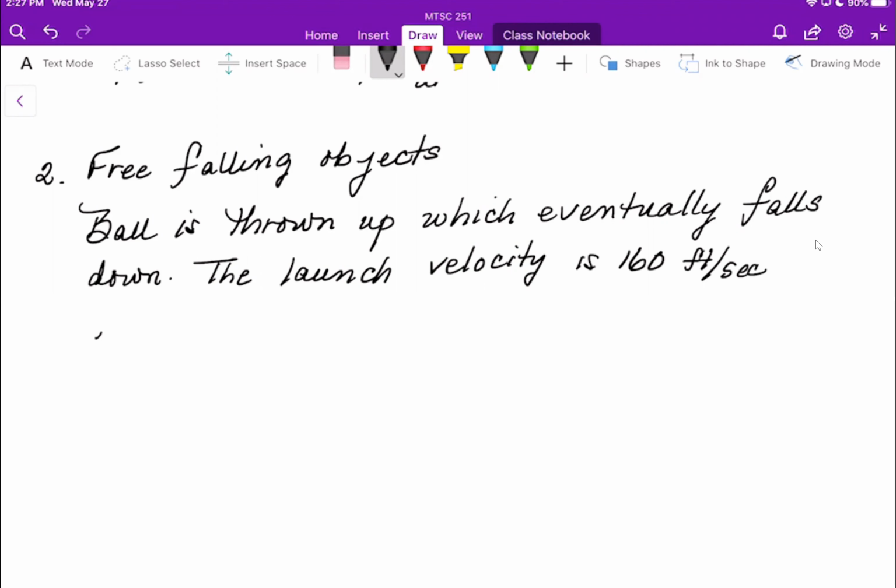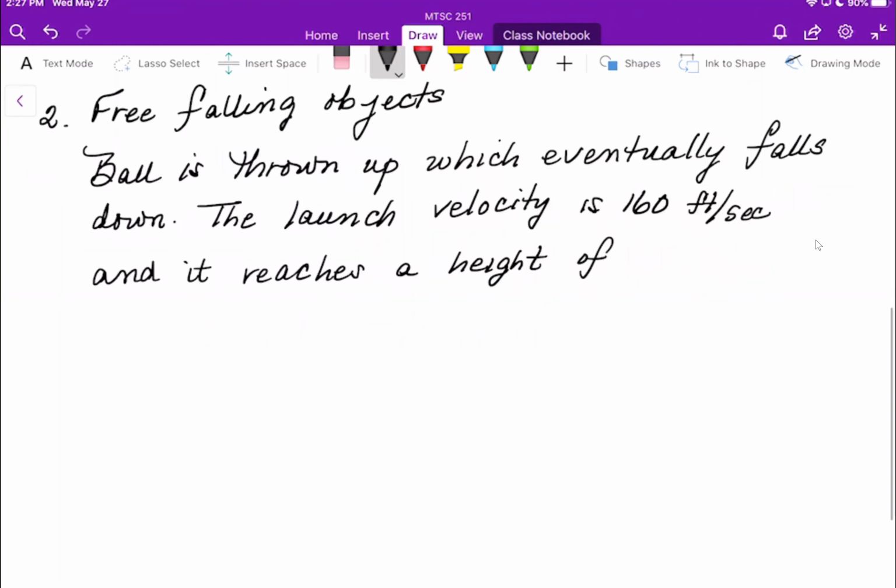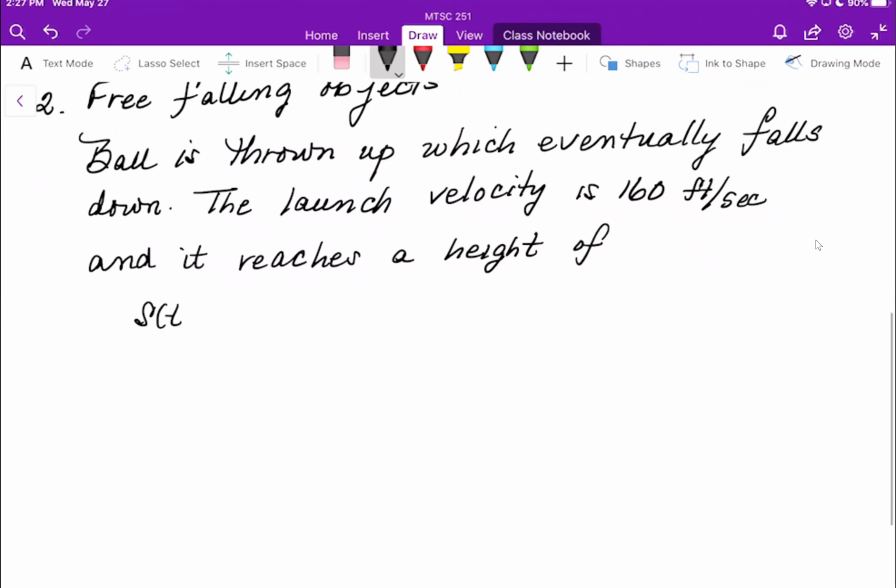And it reaches a height of s of t equal to 160t minus 16t squared feet after t seconds.